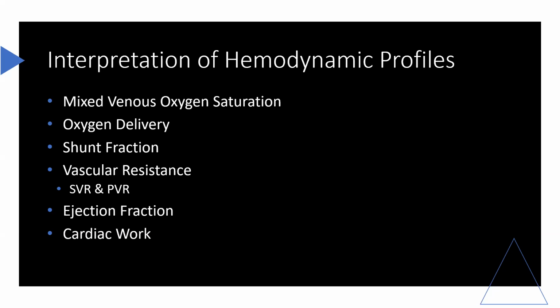DO2 is increased in situations where cardiac output or arterial oxygen content is elevated. A reduced DO2 indicates a decrease in cardiac output or arterial oxygen content. For example, DO2 is increased in hyperdynamic states, such as increased cardiac output, as in septic shock. Conversely, DO2 is decreased following hemorrhage, where there is a decrease in arterial oxygen content.